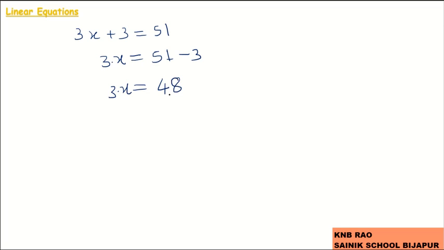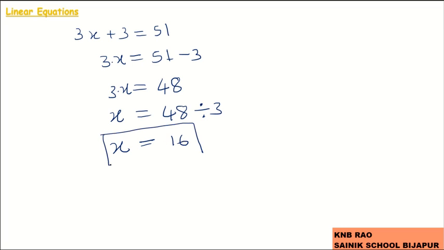Now the 3 multiplicand, if it is transposed, becomes a divisor. So therefore x equals 48 divided by 3, and the variable x equals 16.